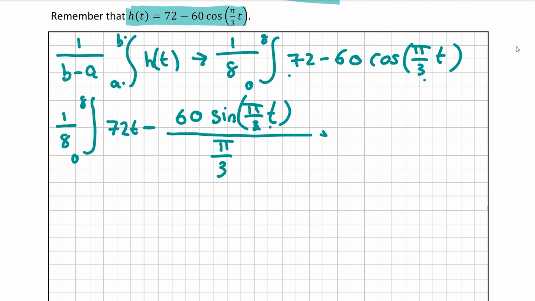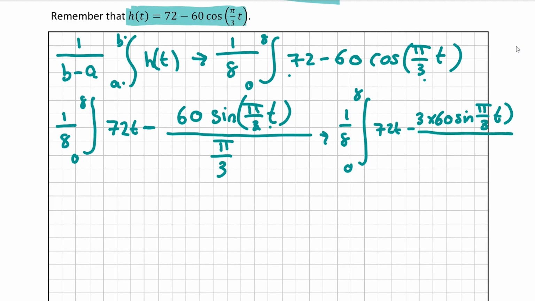Another way to write this is, we'll keep going with 1 over 8, from 0 to 8, 72t minus 60, oh my apologies. Instead of dividing by pi over 3, I'm going to flip it around, so put the 3 on top here, and it becomes a multiple there. So I'll just show you. It's going to become 3 multiplied by 60 sine pi over 3t, and keep the pi on the bottom.